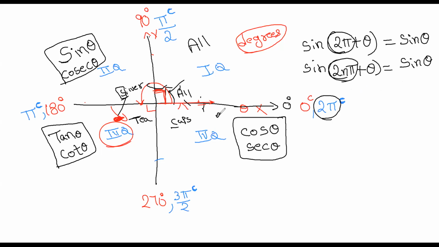Now what is the value of sine 765? For this, we just have to know the multiples of 360.